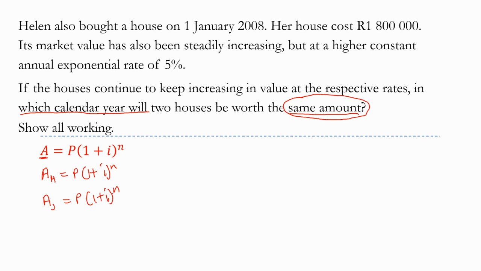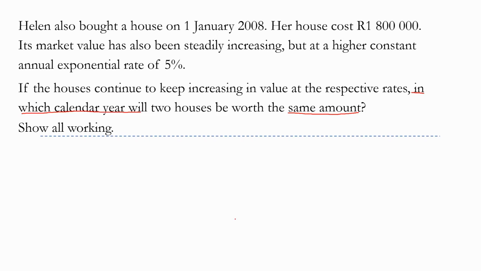You see that? So we're looking for N when these two are equal. We also do this in algebra. Do you remember that? If you say we're looking for the x values where f of x is equal to g of x, it's the same thing. So these are the functions here. We're equating these two functions. So we want to find N when the A for Helen is equal to the A for John, isn't it?